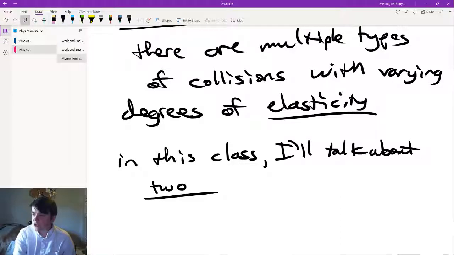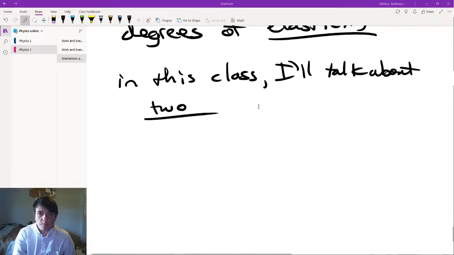Okay, so just 2 only. So, there's inelastic collisions, okay?